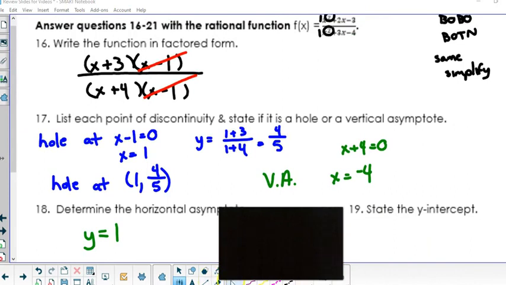If we plug in 0 into our original expression, then we're going to end up getting -3 over -4. A negative divided by a negative is a positive, and so it is a positive 3/4. The specific coordinate, we plugged in 0 for x, and we got out 3/4 for y, so our coordinate is (0, 3/4).